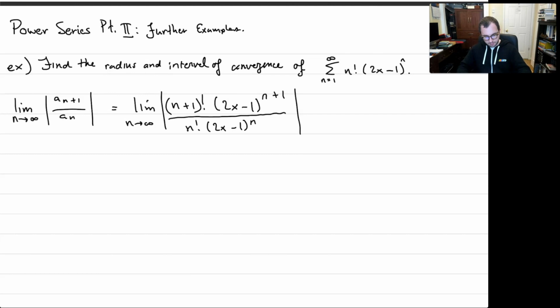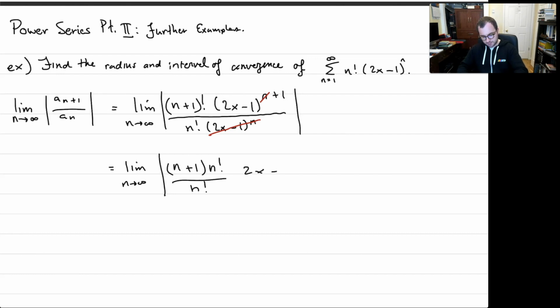Let's simplify it a bit. I notice immediately that this (2x minus 1) to the n cancels with that one. And I'm also going to rewrite the (n plus 1) factorial as (n plus 1) times n factorial so that that cancels out.